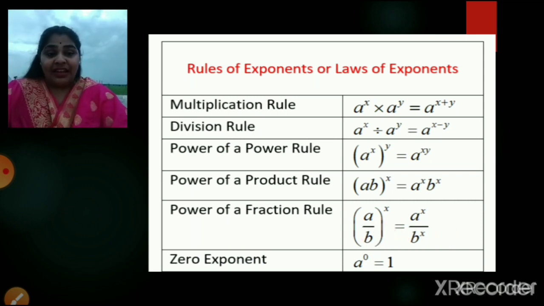And the last which we have seen is a raised to 0 is equal to 1.